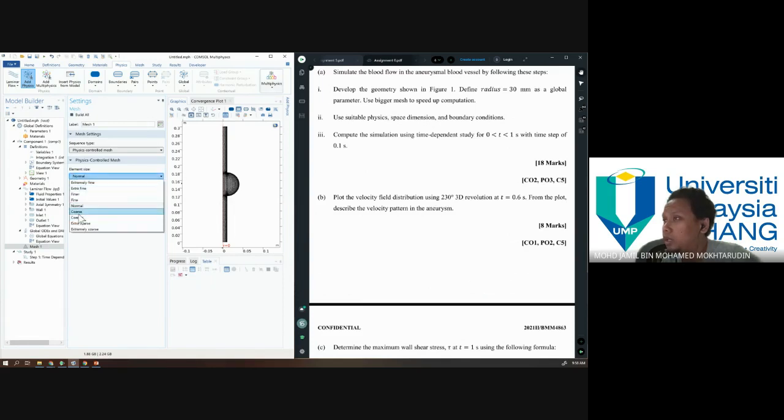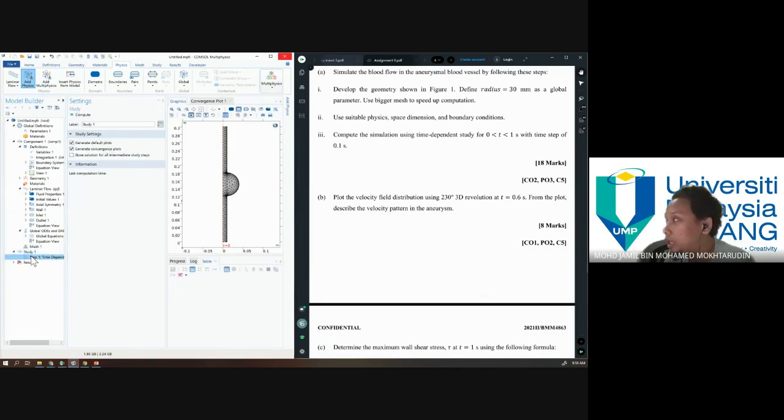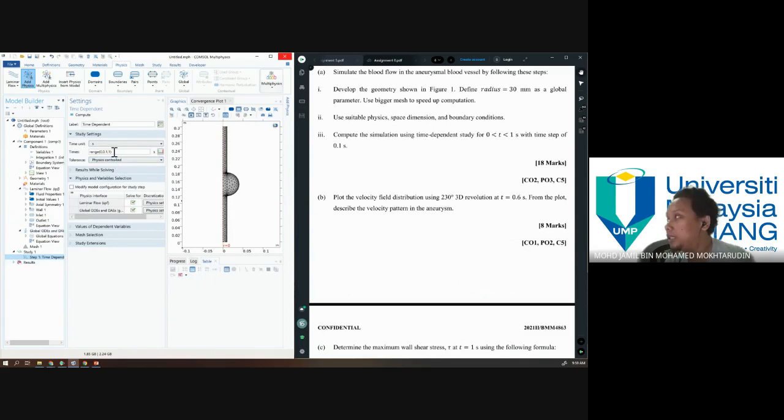So try using coarse or maybe coarser. Okay, depends. I think it will take a long time, but the result will be kind of inaccurate. Okay, then we go to the study, time dependent, change the time range. Okay, so we don't have to change. It actually follows the range given. Then we can compute.